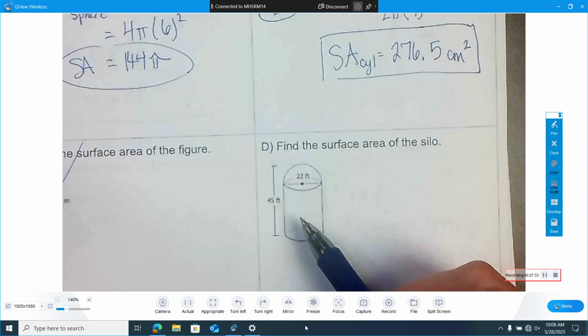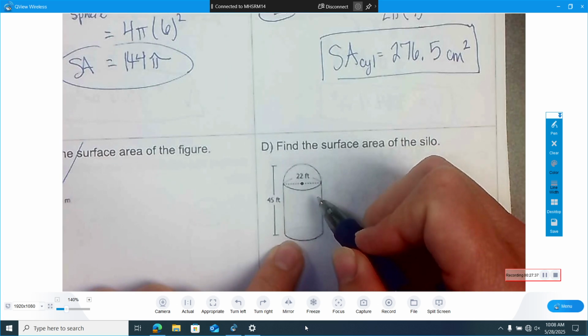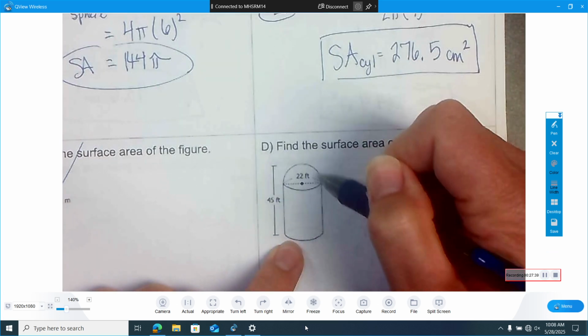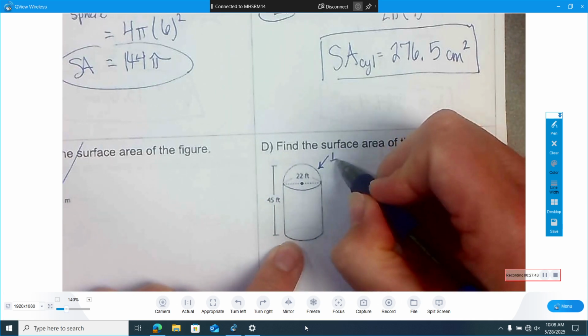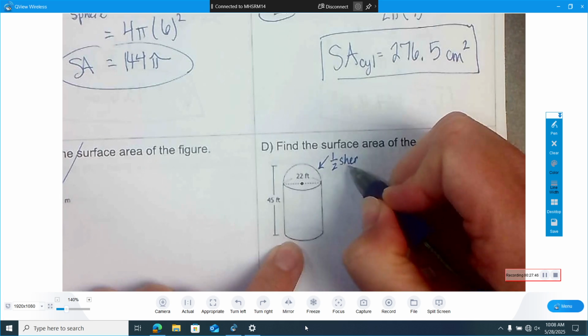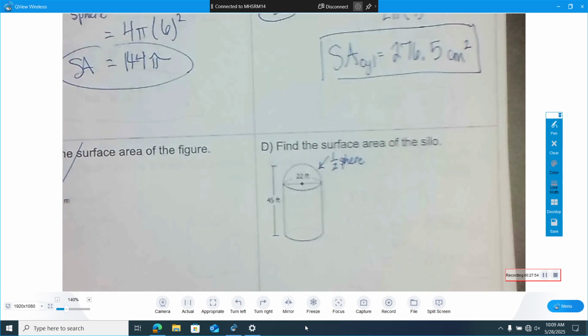So we have this hemisphere, half a sphere here. Do we need to include the base? When we're finding surface area, it is the outside.